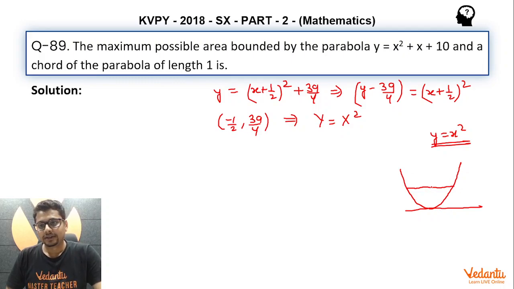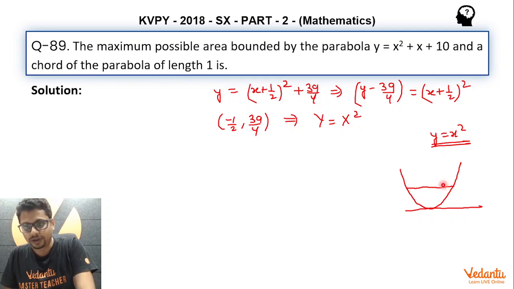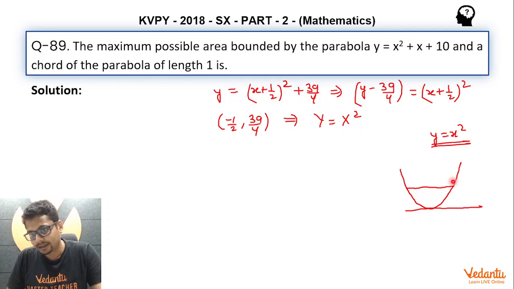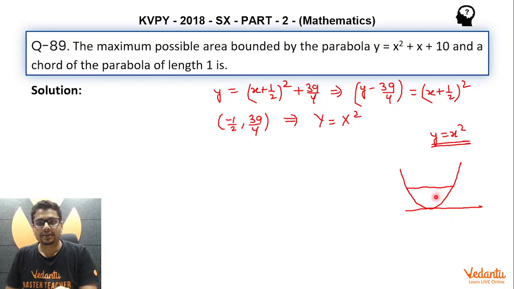Why? Because other chords of length 1 would be like this, or like this, or like this. So by intuition, we may say that the maximum possible area should occur in the case of this chord, which is parallel to the tangent at vertex by symmetry.